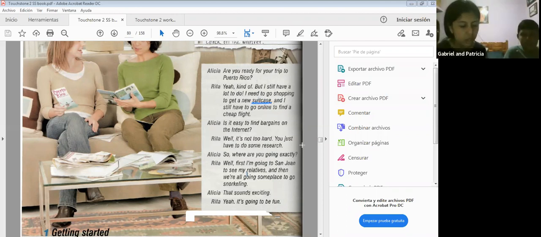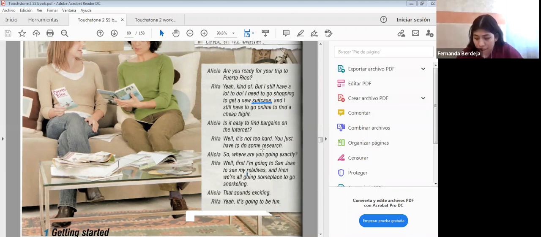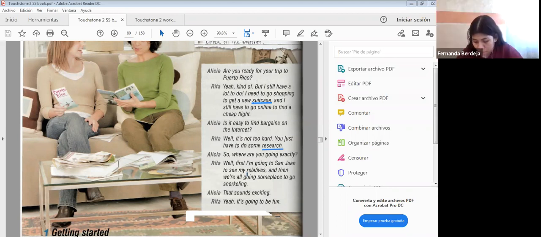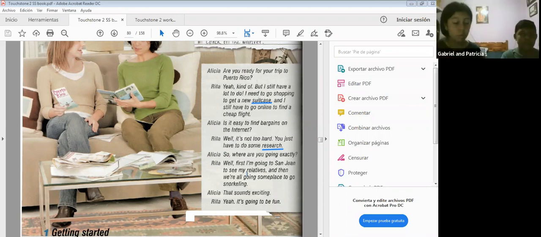Well, it's not too hard. You just have to do some research. So where are you going exactly? Well, first I'm going to San Juan to see my relatives, and then we're all going someplace to go snorkeling. That sounds exciting. Yeah, it's going to be fun.